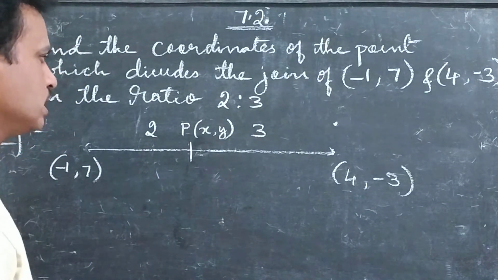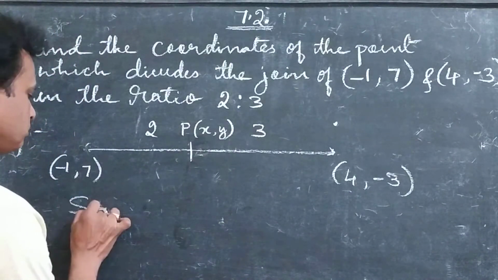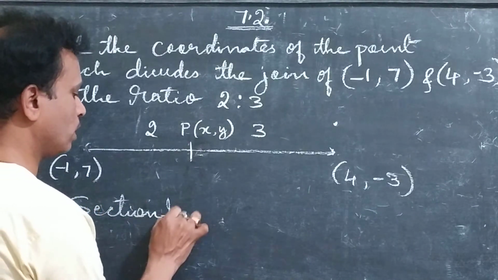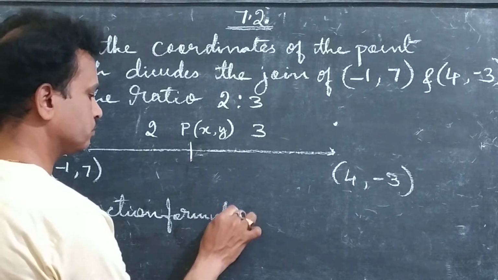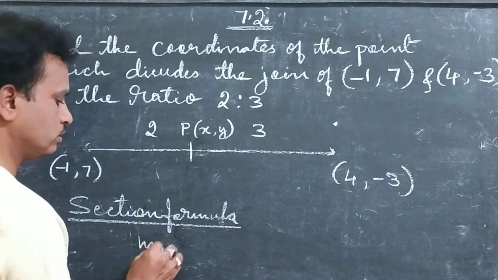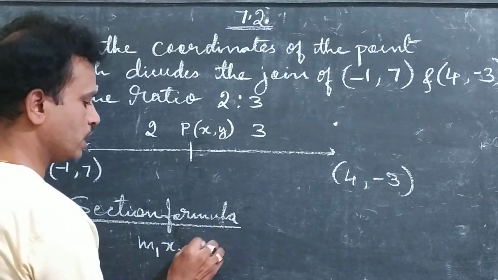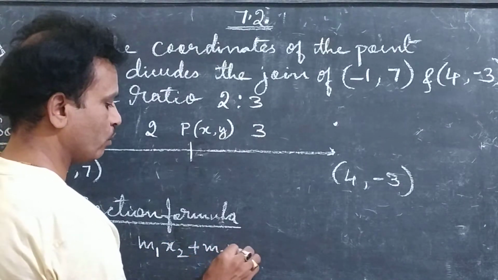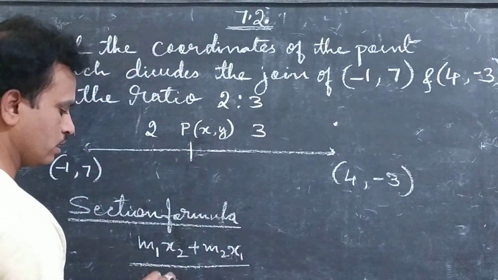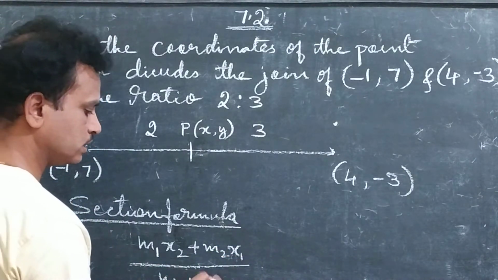So we know the section formula here. x = (m1 into x2 plus m2 into x1) divided by (m1 plus m2).